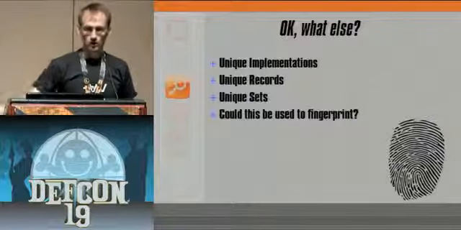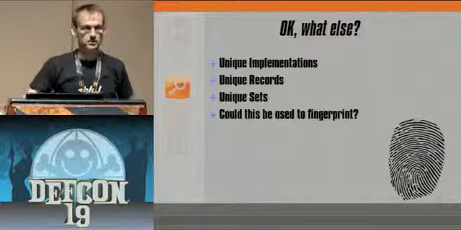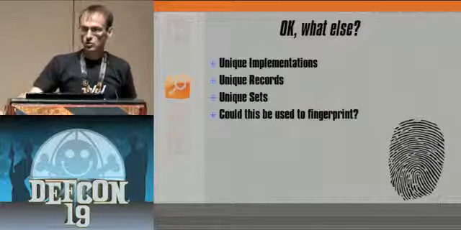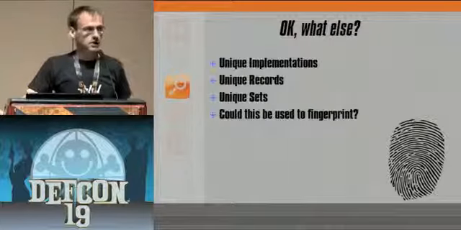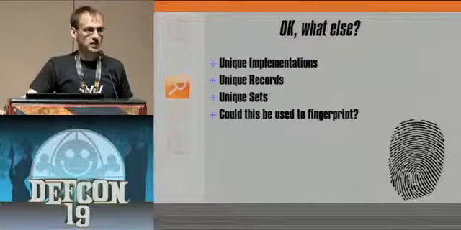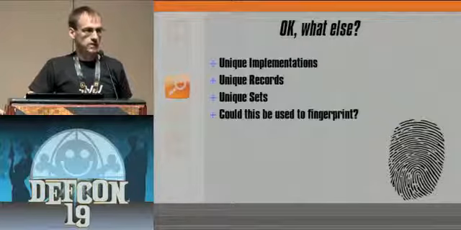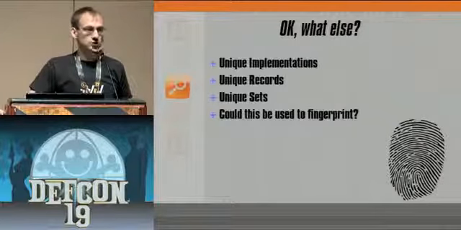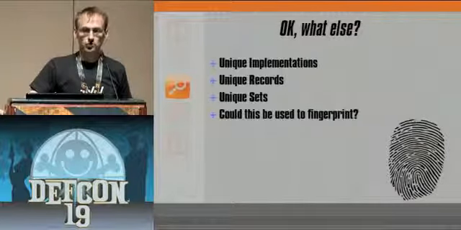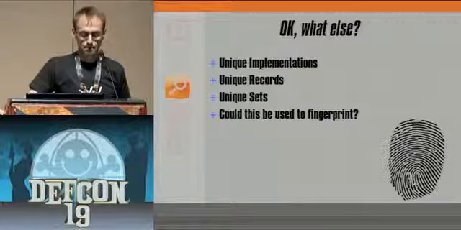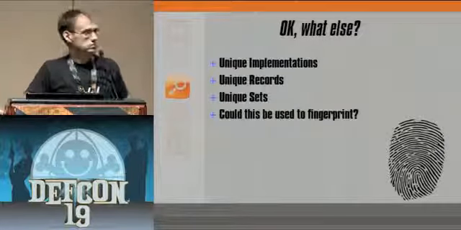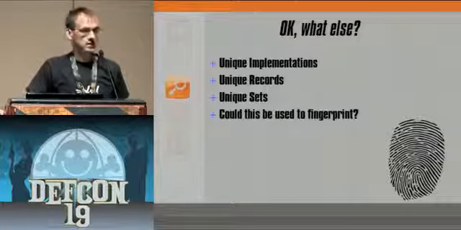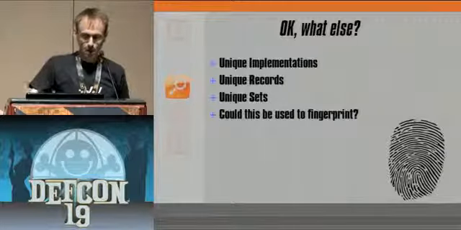Well, first off, we know from before that there are unique implementations. All right. If you look a little bit more at what's being advertised, you realize there are unique records, meaning that different device categories contain different records that are unique to that particular device type. Printers would have those printer records, right? Dealing with printer services, 515, 631, and 9100.